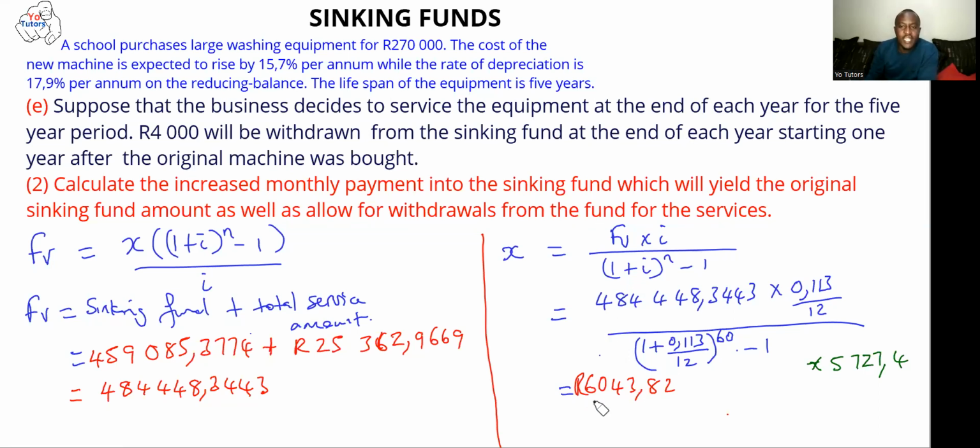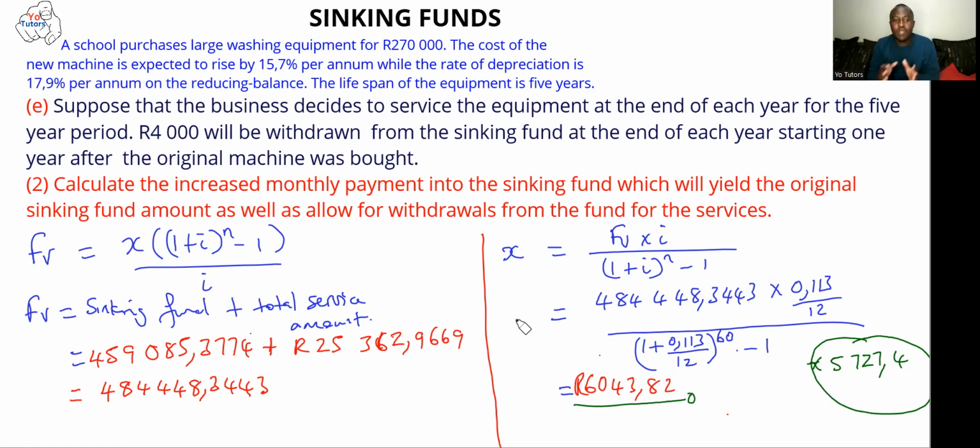So this is what we're going to get now. We're going to get 6,043.82. From the original that we were paying before, when you're targeting the sinking fund only, it was 5,727. But now, because we are also including the service fee, it has increased to 6,043.82.